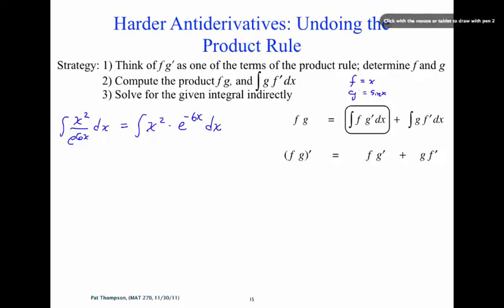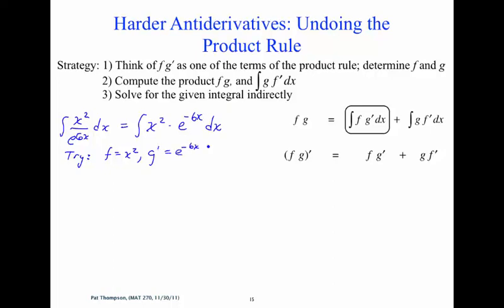So we're going to do the same thing here. We're going to let f be x squared, and then g prime, so just try. f equals x squared, and g prime equals e to the minus 6x dx.